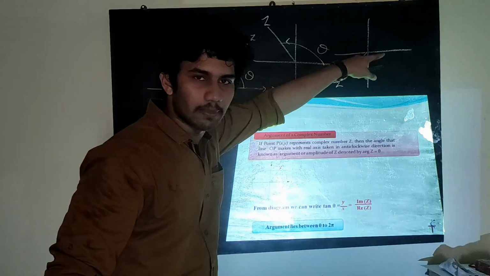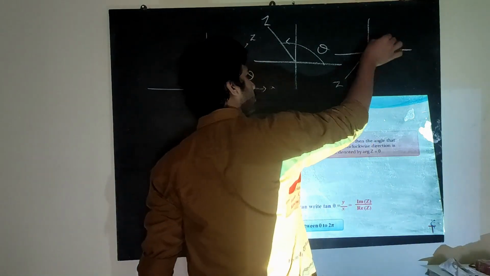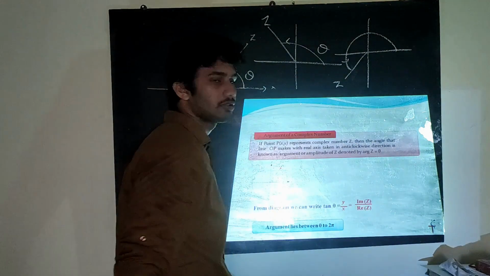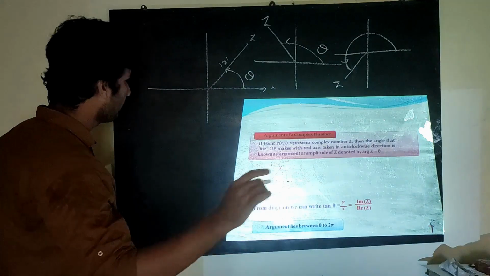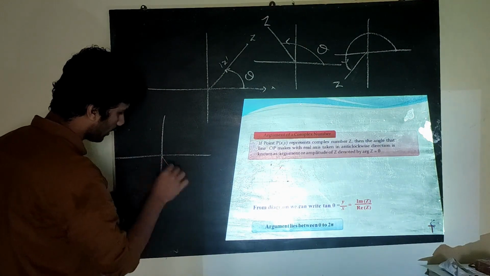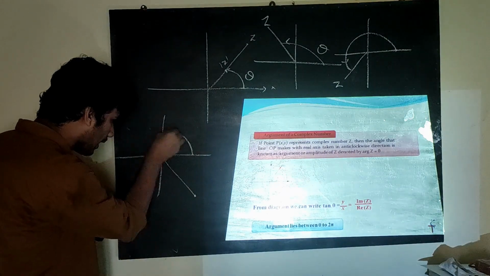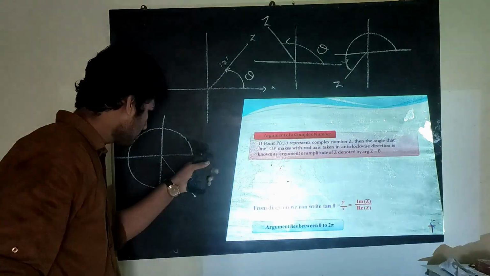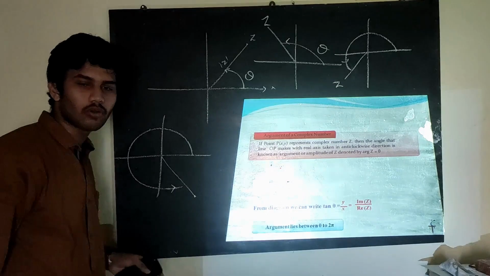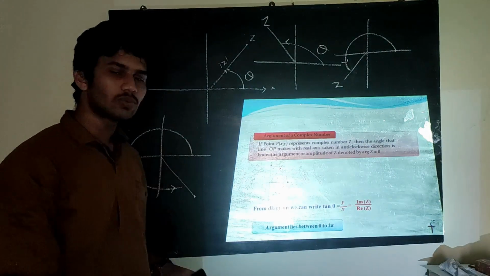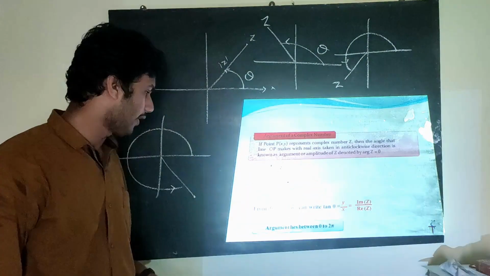The angle made with the positive real axis in the anti-clockwise direction. So this is my argument of the complex number. And if it was in the fourth quadrant, then it will be somewhere here. Again, it's the angle made with the positive real axis in the anti-clockwise direction. So this is what argument is as defined.